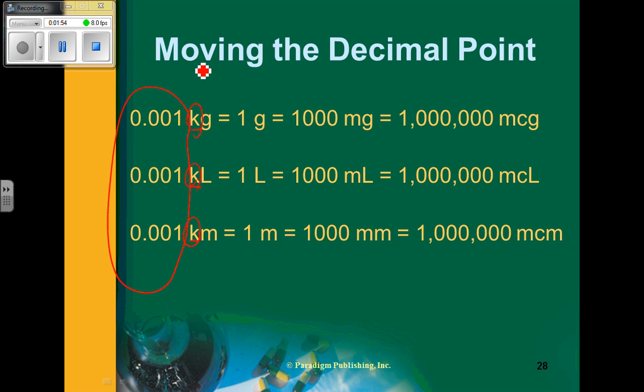If it just has one unit by itself with nothing in front of it, it's going to be 1. If it has milli in front of it, it's going to be 1,000. If it says micro, MC, whether micrometers, microliters, or micrograms, it's going to be 1 million. I teach this because it's very helpful to know when we get into the dimensional analysis and ratio proportion ways.